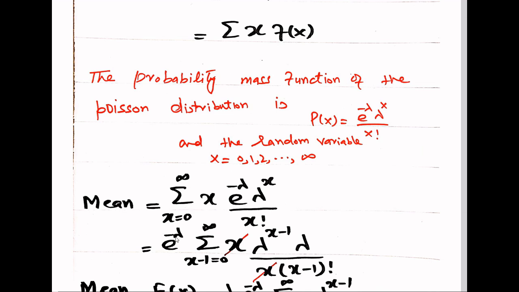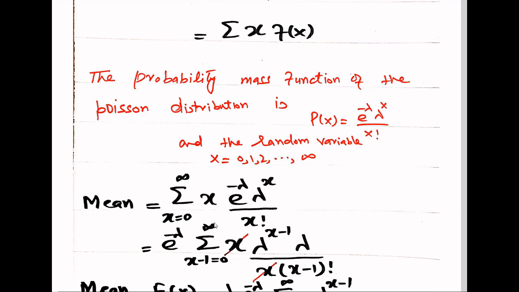Since the random variable x starts at 0, the 0 term cancels out, so the sum now starts from x equal to 1 to infinity.